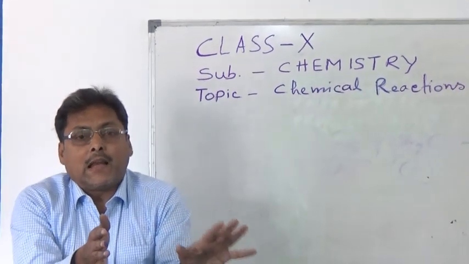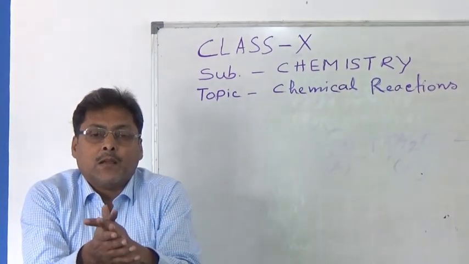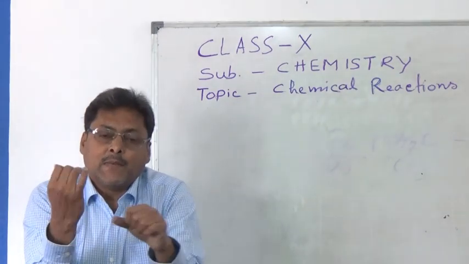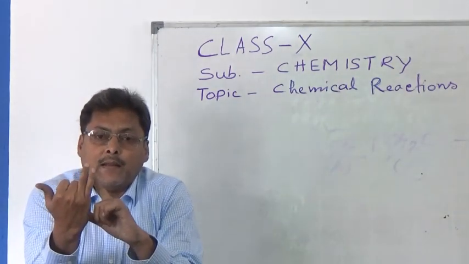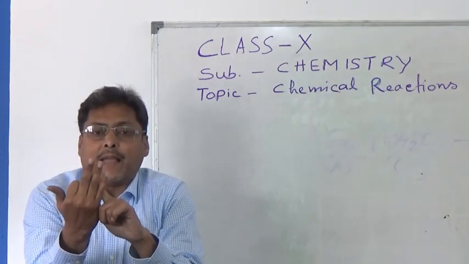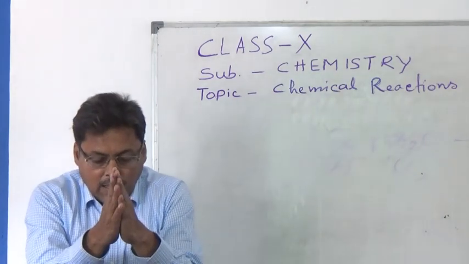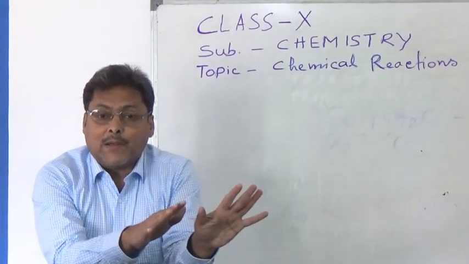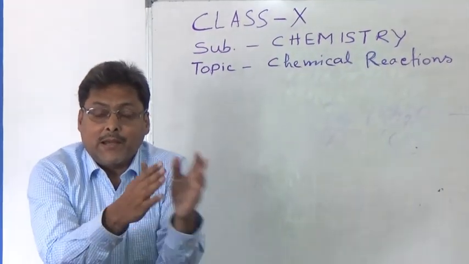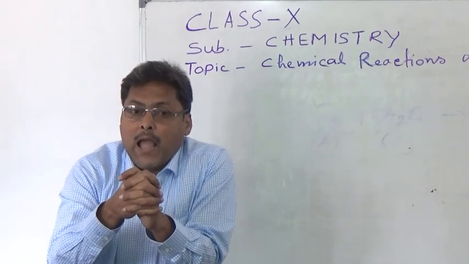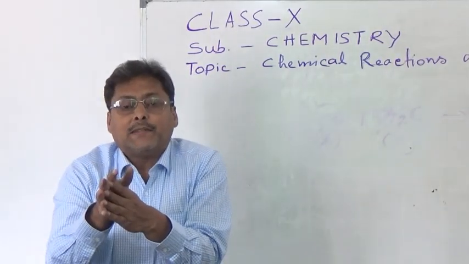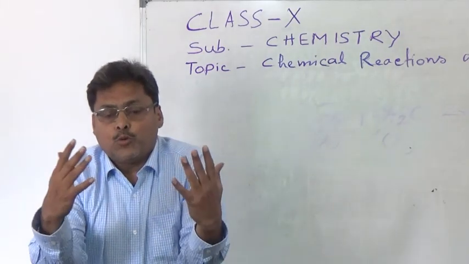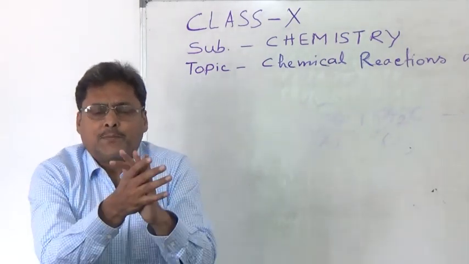According to the physical properties, matter can be classified into 3 types of substances: solid, liquid and gas. This you have already read in the class 9 syllabus. I am just reminding you of it. According to the chemical properties, matter can be classified into basically 2 groups.